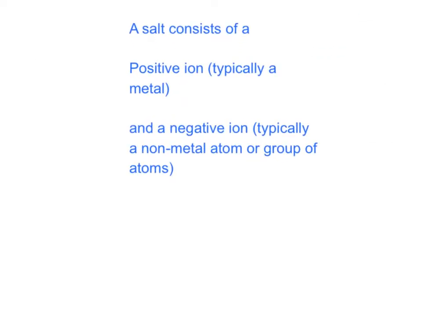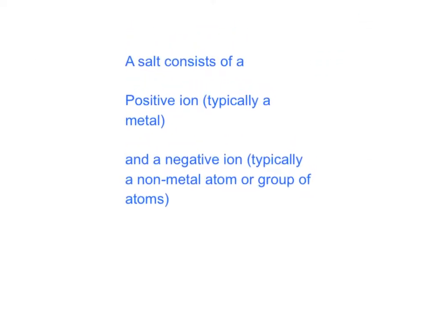A salt consists of a positive ion, which is typically a metal, but it can be other things as well. We do have positive ions which are groups of non-metals, but that's a very rare case.